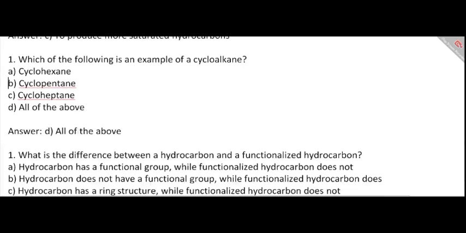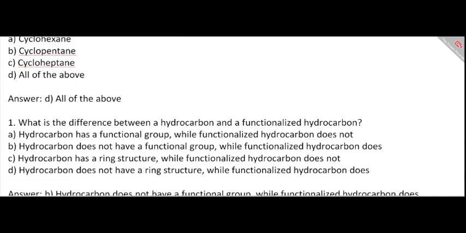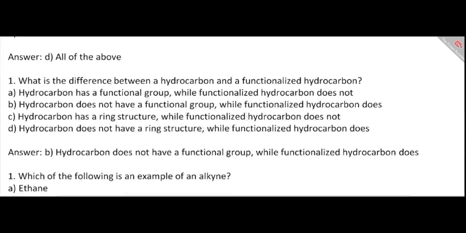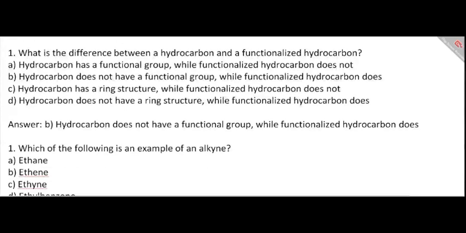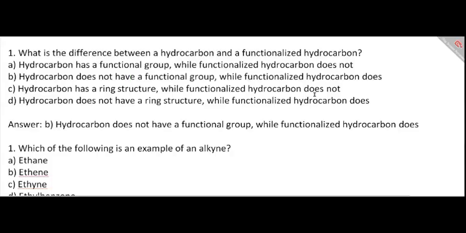What is the difference between a hydrocarbon and functionalized hydrocarbon? Obviously, the one that contains functional group is the correct answer. Which prefix is used to indicate a cycloalkane ring in IUPAC nomenclature? Cycloalk, alkene, or alkyl. So cyclo is a prefix, we can use it.